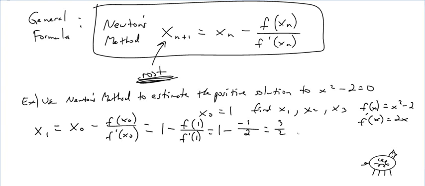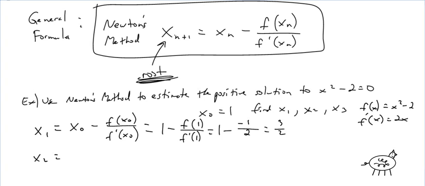That's our first guess. So let's do our next guess. X sub 2 is, now I'm not going to rewrite this over again. I'm going to use my previous term, because that's truly what this is, right? This is x sub n plus 1 is like our next term, and then x sub n is our previous term.